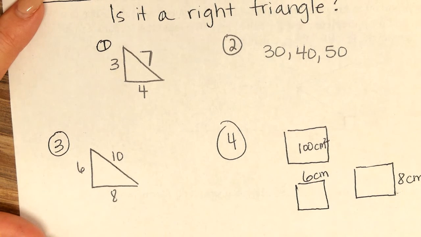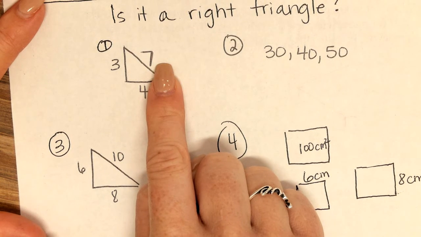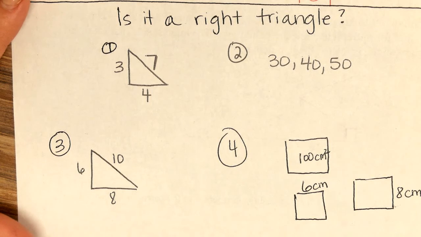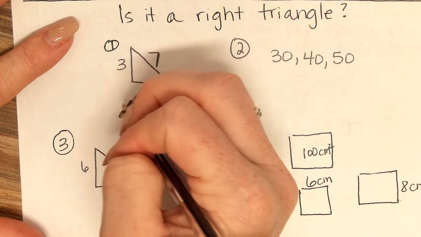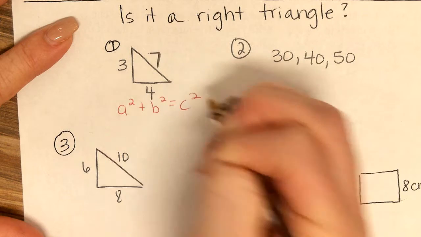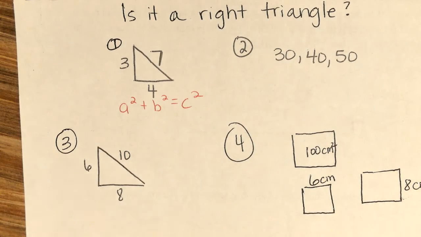But what I could do is use Pythagorean theorem to say, yes, that's a right triangle, or no, that's not a right triangle. Are we all good? Yes or no? All right, so how would I use Pythagorean theorem? I would say, is a squared plus b squared equal to c squared? And I would say, yes, it's true, or no, it's not true.